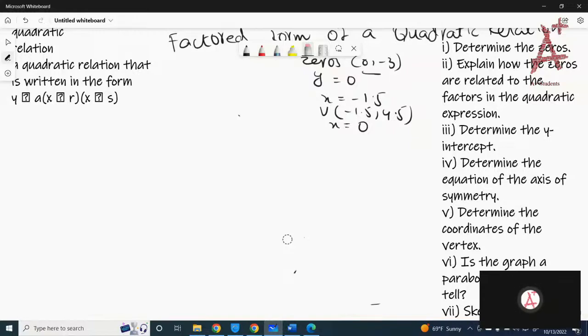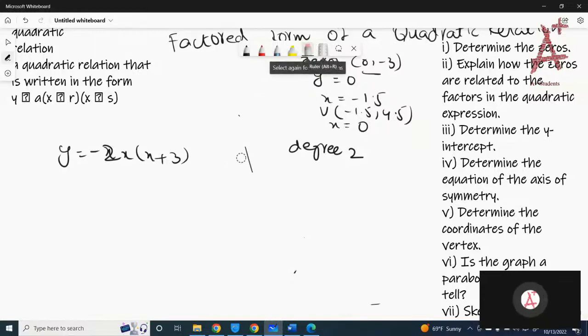When you expand y equals -2x times (x plus 3), it would be a degree 2 equation, so that's how we know it is a parabola. Got it? And now at the end you have to sketch the graph, so make a table. You know how to make a table and then sketch the graph by yourself using an online tool. Got it?